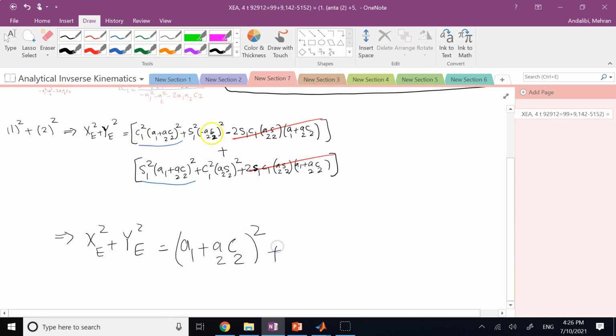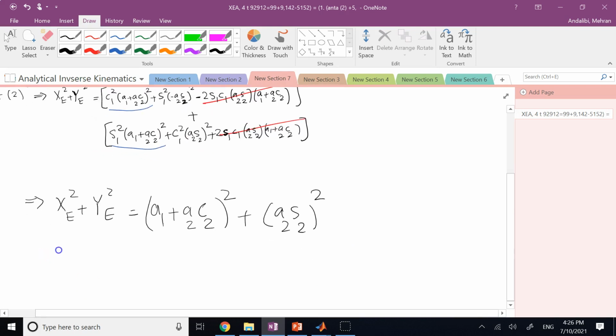And then here also, the a2 s2 is the same in both of them. Negative or positive doesn't matter when you square it. The result is simply (a2 s2) squared. And then one of them has sine 1 squared, the other one has cosine 1 squared. Again, it's going to be 1. So that's what you get, as simple as that. Now let me expand this one.